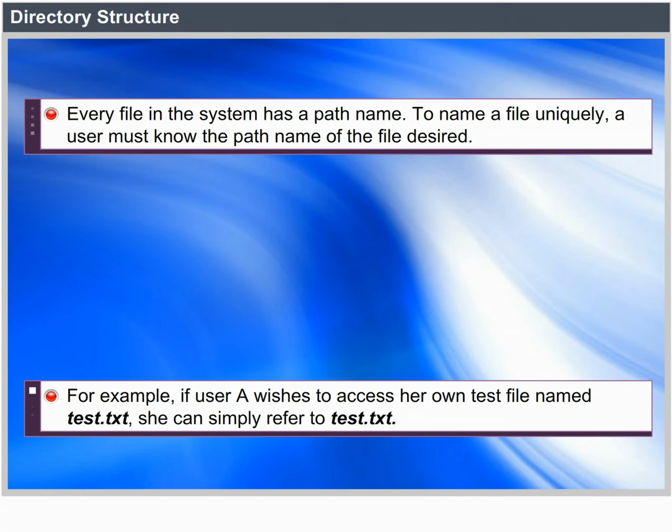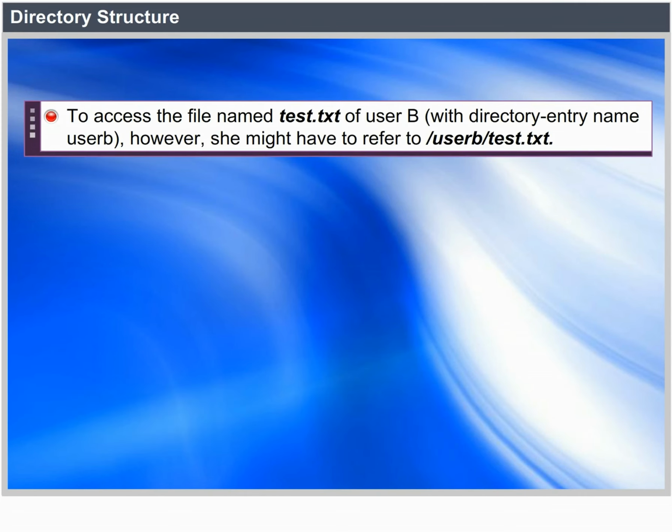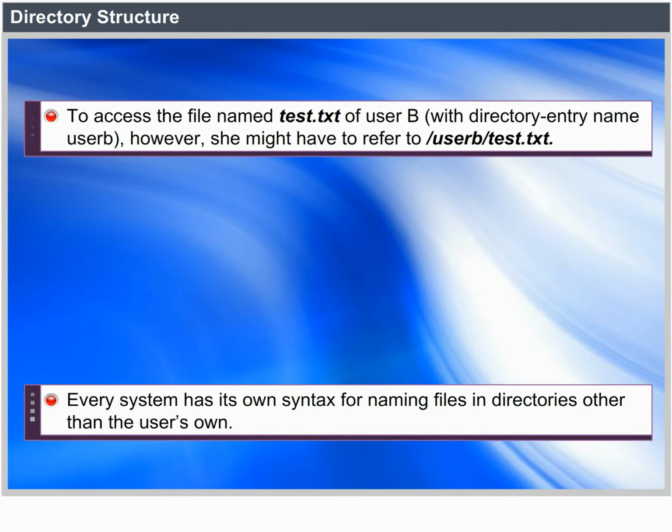To access the file named test.txt of user B, with directory entry name user B, however, she might have to refer to /userB/test.txt. Every system has its own syntax for naming files and directories other than the user's own. Additional syntax is needed to specify the volume of a file.